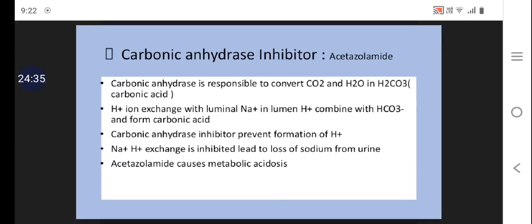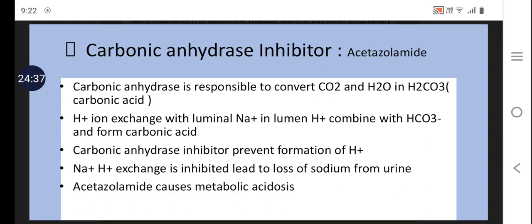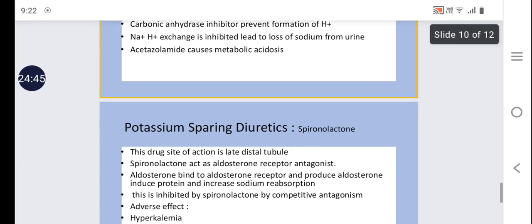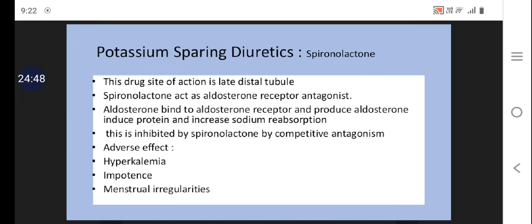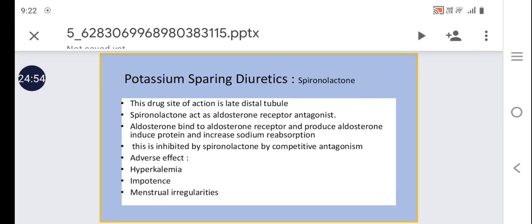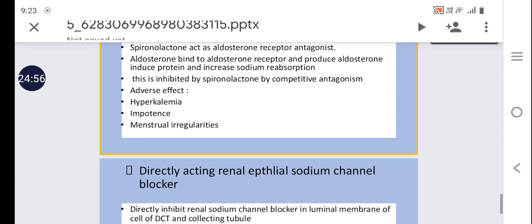Next is the carbonic anhydrase inhibitor. These are useful in the treatment of glaucoma and mountain sickness. And potassium sparing diuretics are responsible for menstrual irregularities and impotence in males. They are responsible for dangerous hyperkalemia.